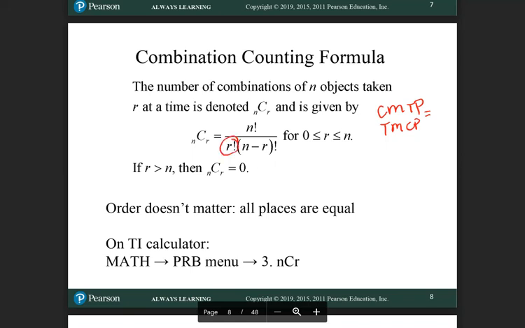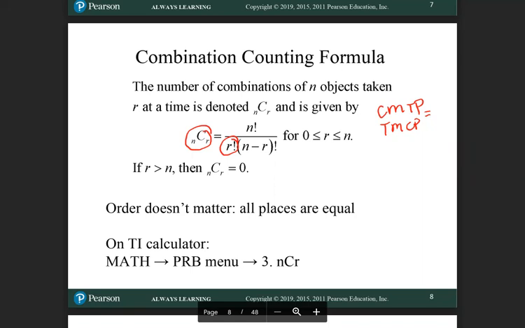For every 4 letters that I arrange, I'm going to divide by the arrangements within those 4 letters. Now, you don't have to memorize this formula. It's already programmed in your calculator in the choose function. So to identify when to use the choose function and when to use the permute function: if the order matters, you're going to do the permutation. If the order does not matter, you're going to use choose, or the combination.